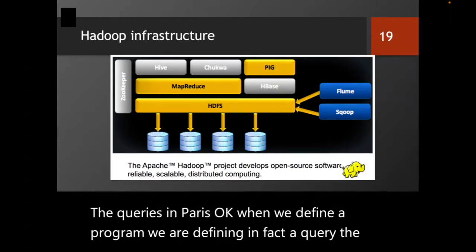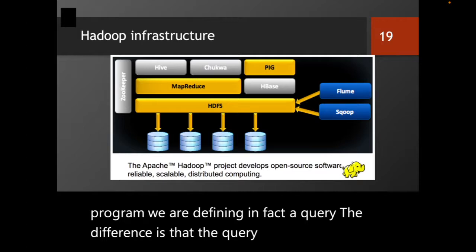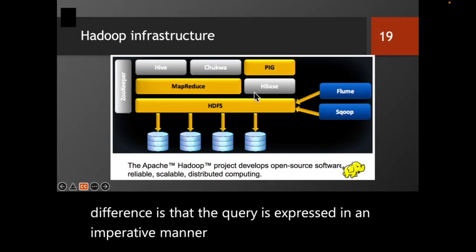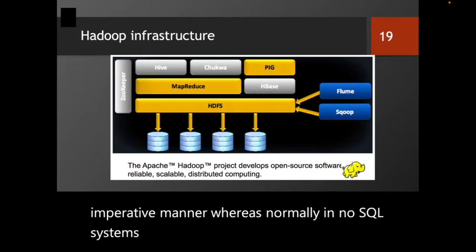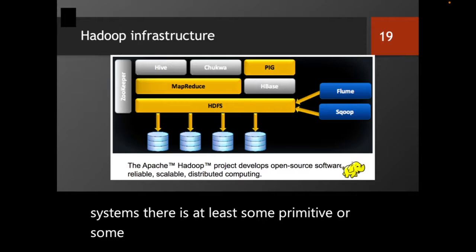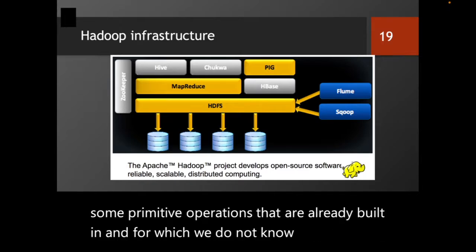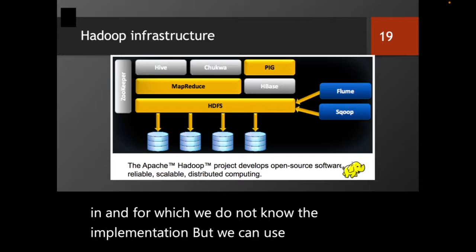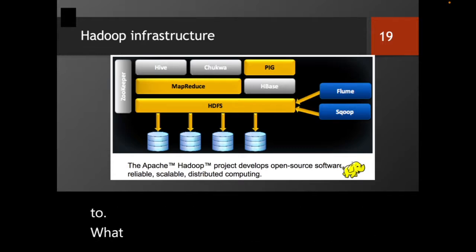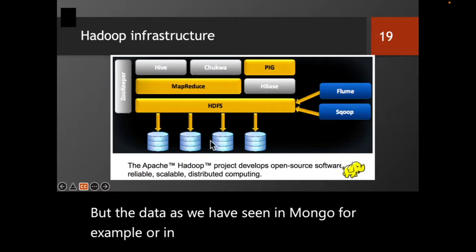The difference is that the query is expressed in an imperative manner, whereas normally in NoSQL systems, there are at least some primitive operations that are already built in and for which we do not know the implementation, but we can use them to query the data, as we have seen in Mongo, for example, or in Neo4j. So anyway, here this is required.